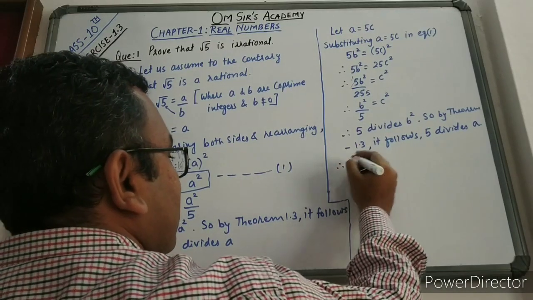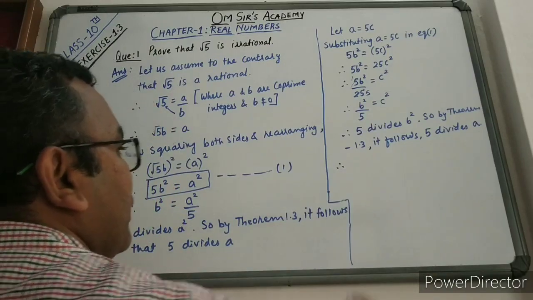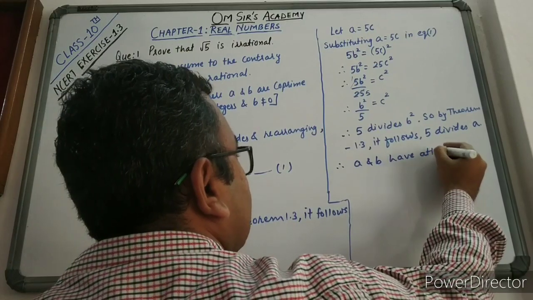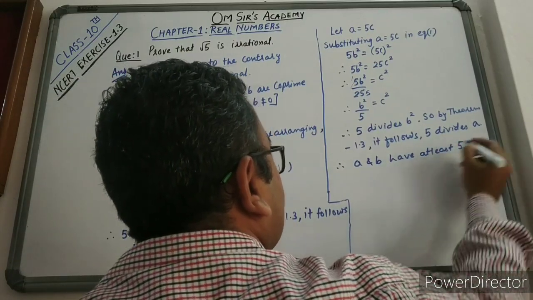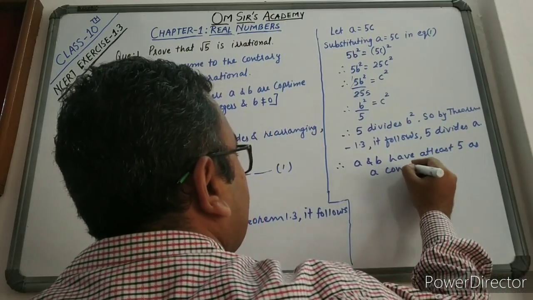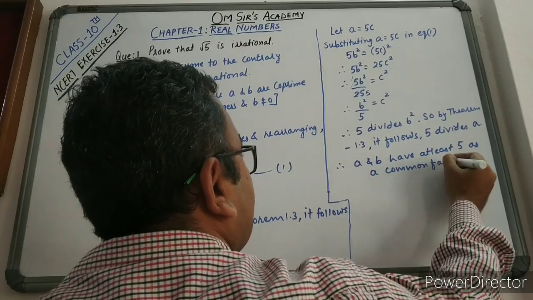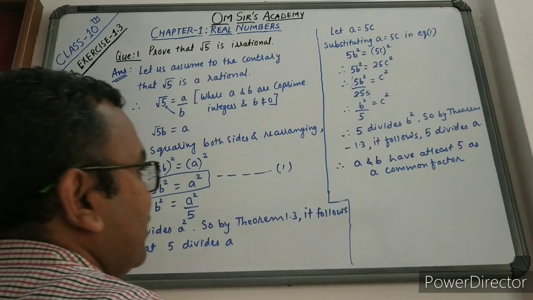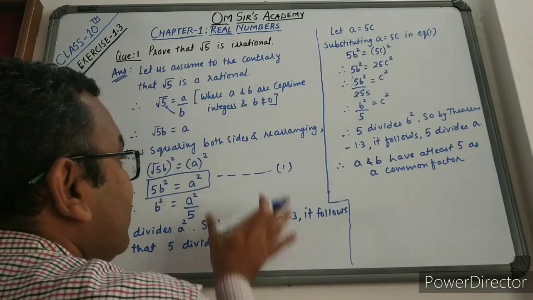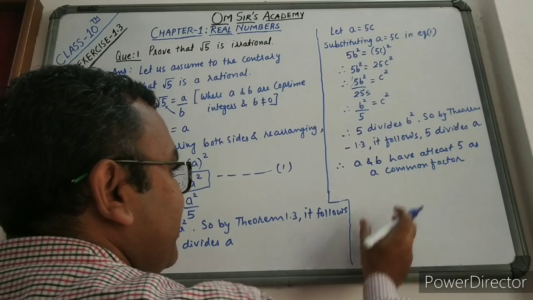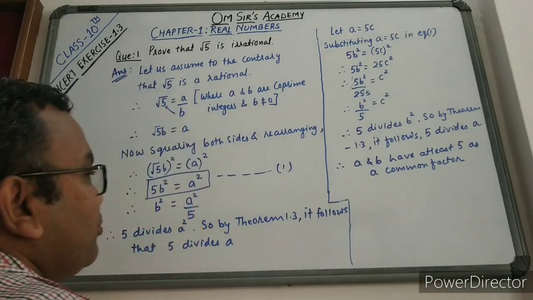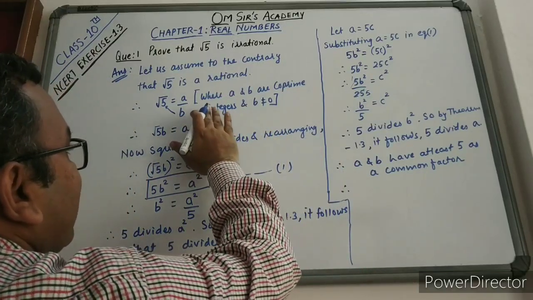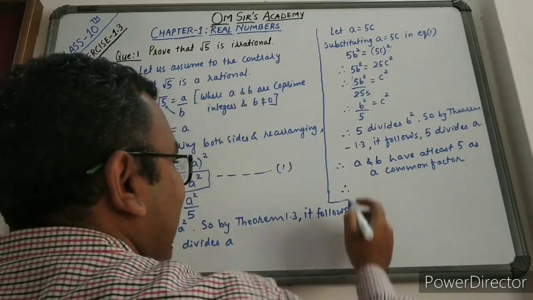So therefore a and b have at least 5 as a common factor. ठीक है, a और b दोनों में minimum 5 तो common factor रहेगा. By this proof part we have learnt that 5 is a common factor of a and b. But this contradicts our fact that a and b are co-prime numbers.